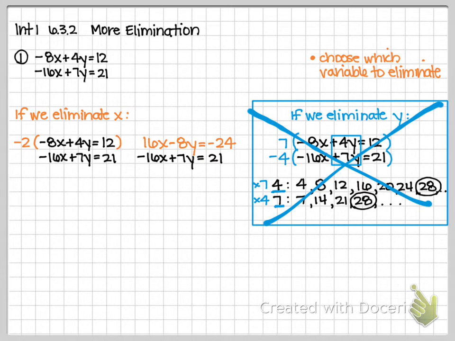Now, if we add straight down, the x's will eliminate because they have the same number, opposite signs. Now we add straight down. I want you guys to see if you can solve for y. We know we've got to solve for x, but let's make sure we get y correct first.